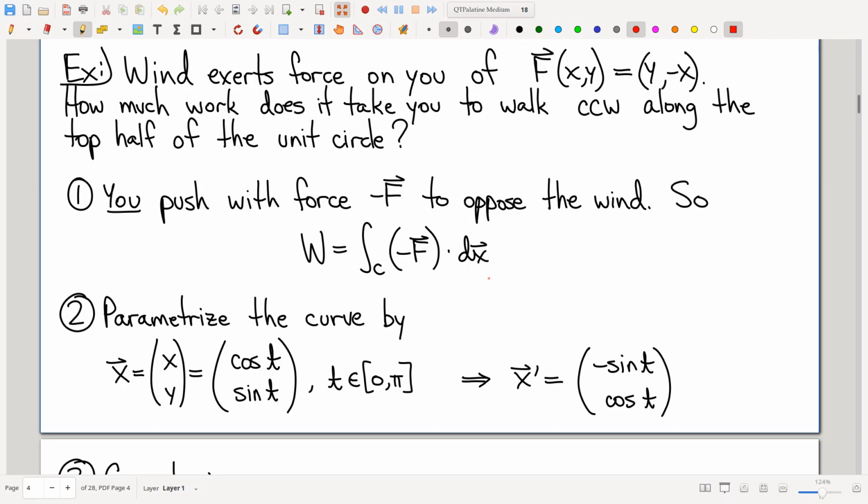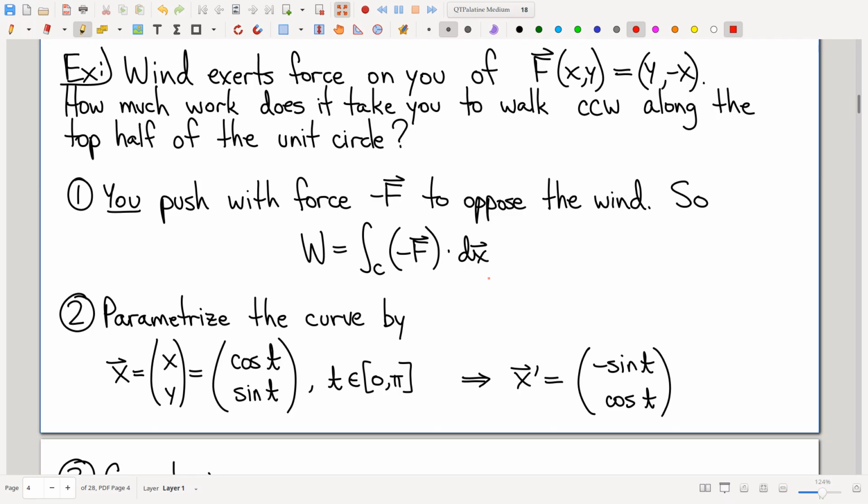You have to look at every question that you see and interpret which force were you given, and interpret which force do you need based on which work you are trying to compute. And then just look and see, was I given the one that I need or was I given the negative of what I need, and make the decision appropriately from that. So sometimes there's a minus sign, sometimes there's not.